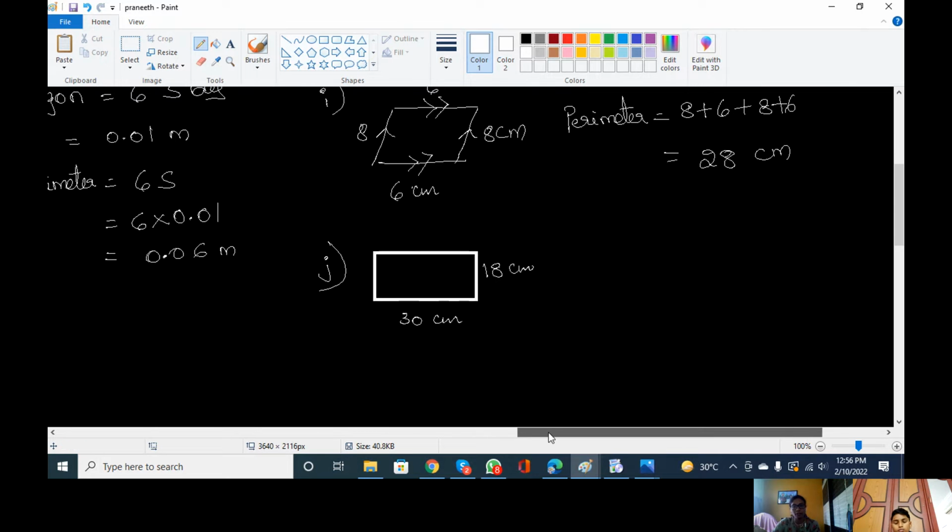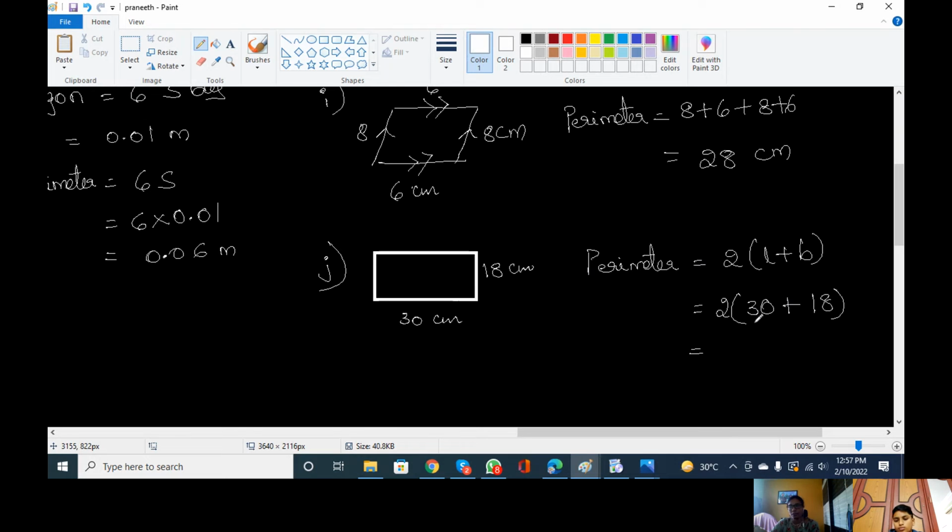Do you remember the perimeter of a rectangle formula? 2 of L plus B. Good. 2 times of L plus B. What is L here? Length. So how much is given? 30 centimeters. Plus breadth? 18 centimeters.